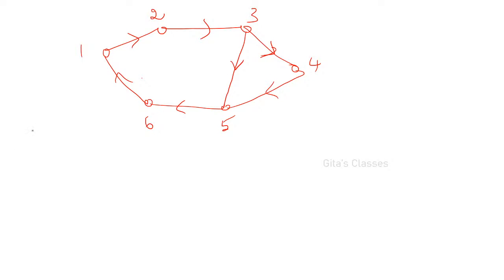Therefore, 1 is recurrent. What about 2? Same way. From 2, you can either take this way or this way. So all the states are recurrent here. Understood? All states are recurrent.